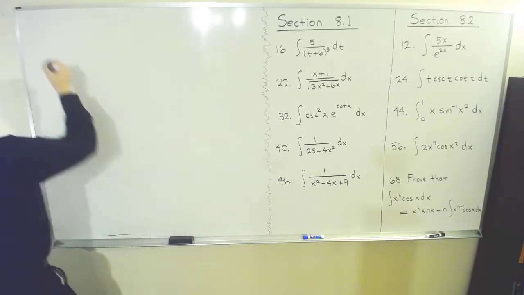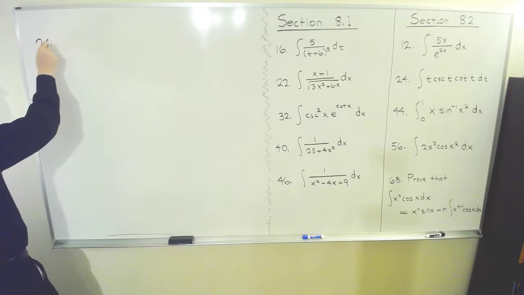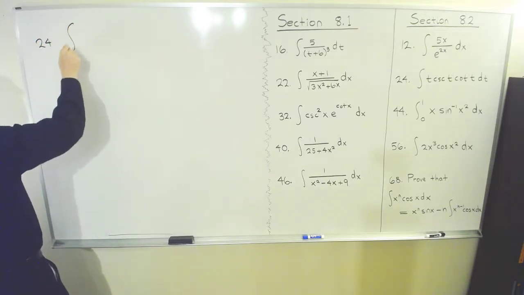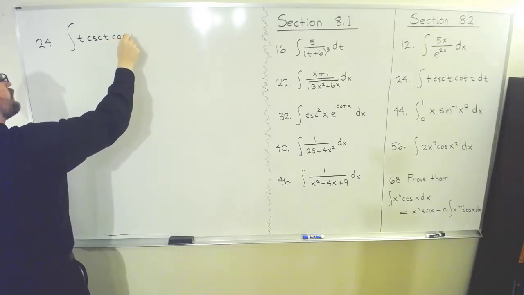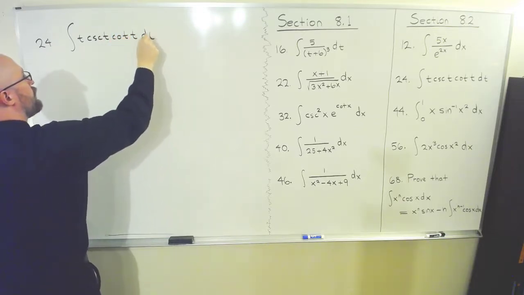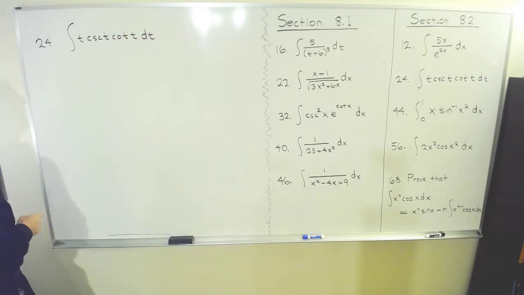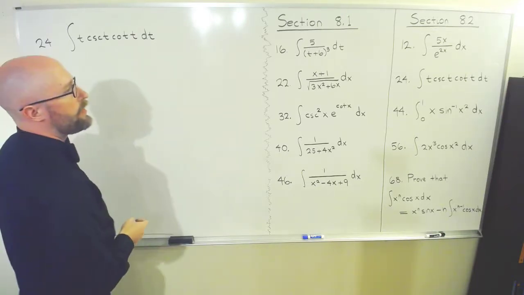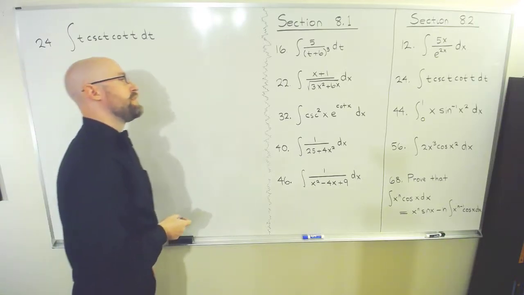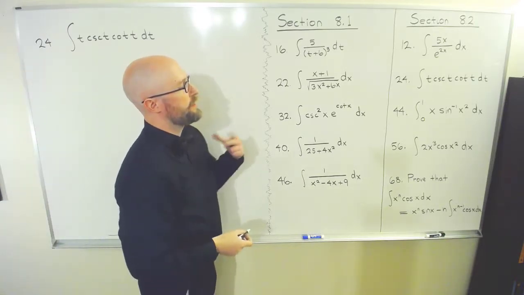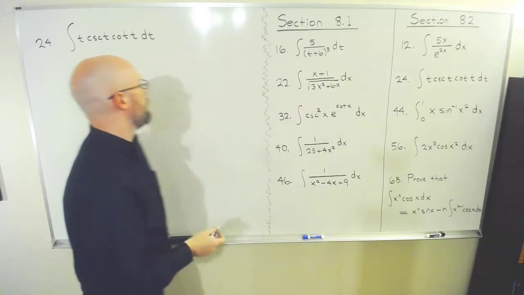Okay, let's move on to number 24 here. This one looks a little scary at first sight, I guess. Integral of t cosecant t cotangent t dt. Now, how do I motivate, how do I explain to you why I make the choice I'm going to make?